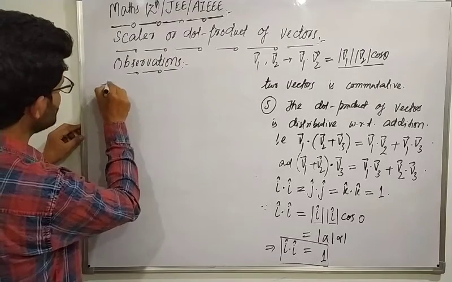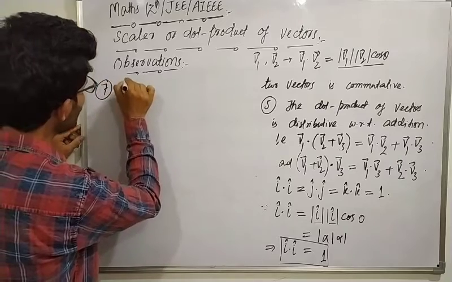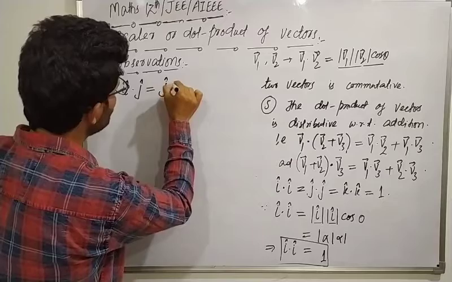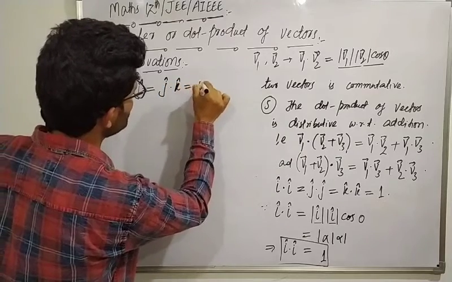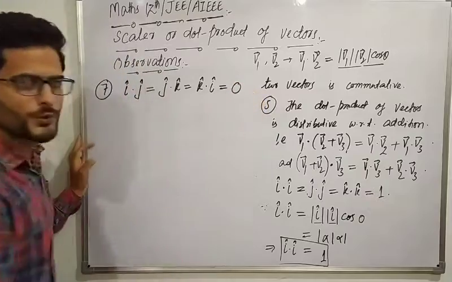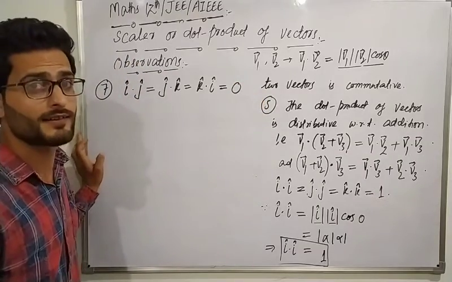Observation 7th lies here, that is i dot j must be equal to j dot k must be equal to k dot i, and all are equal to the 0 scalar.